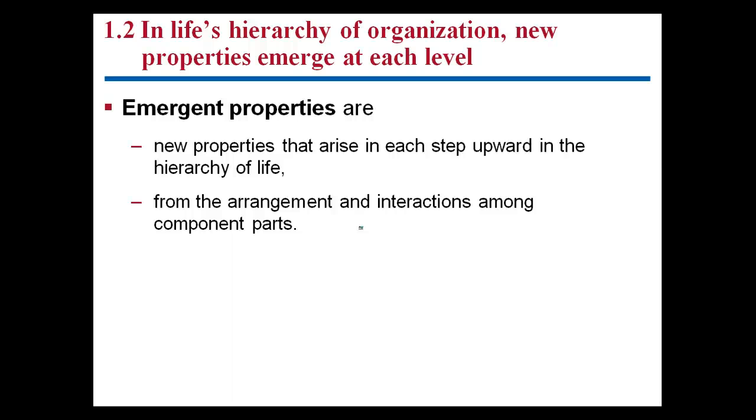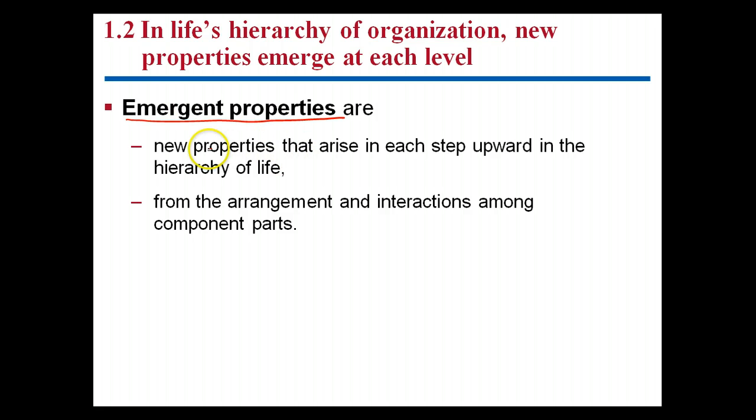Emergent properties. So this is a nice vocabulary word worth writing down. New properties that arise at each step upward in the hierarchy of life. To be honest, we're going to talk about evolution. We'll make some time for it, but we're going to talk a little bit about it at the end of the semester. And we're going to look a little bit more at emergent properties. But, I mean, think of it, it's a property that emerges.